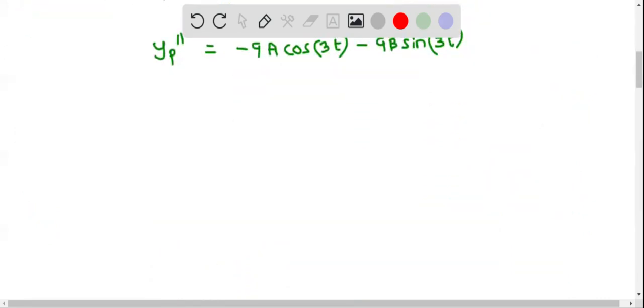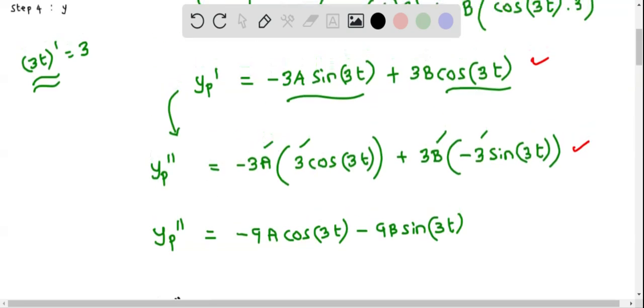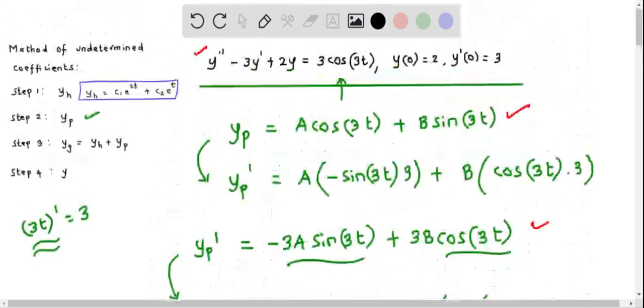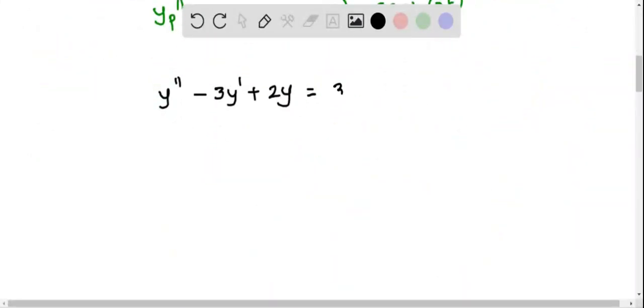So first let me copy the original equation: y double prime minus 3y prime plus 2y equals 3 cosine 3t. Since I'm going to substitute the yp's, I can rewrite this as yp double prime minus 3yp prime plus 2yp. So I'm going to substitute the yp double prime, yp prime, and yp into this equation and solve for the constants a, b, and c.